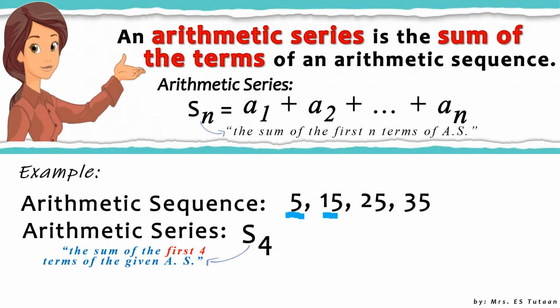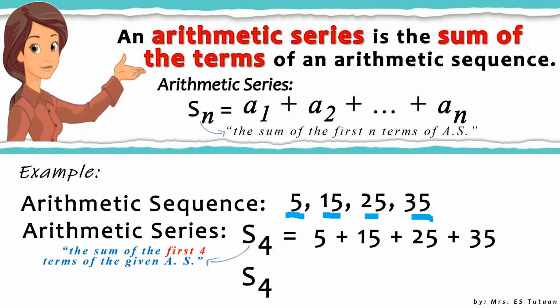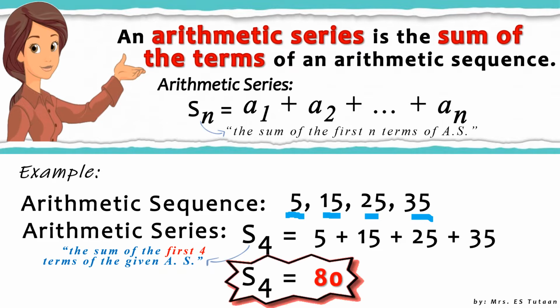So, we have 5, 15, 25, and 35. So, the sum of the first 4 terms of the given sequence is equal to 5 plus 15 plus 25 plus 35. And S sub 4 is equal to, what is the sum of the 4 terms? Okay, so the sum is 80. So, that means the sum of the first 4 terms of the arithmetic sequence is 80.